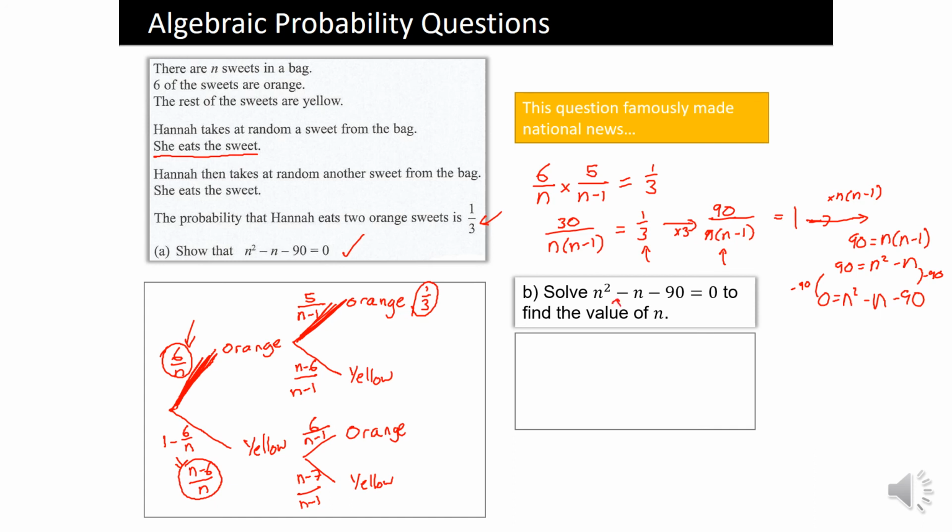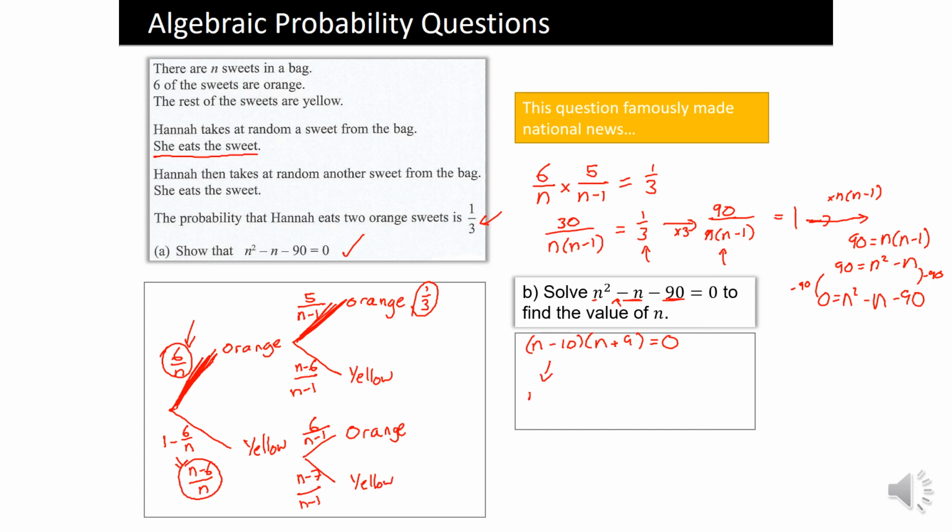Part 2 of the question, we've got n squared minus n minus 90 equals 0. It wants us to find the value of n. So we just need to factorise this quadratic. We've got numbers that times together to make minus 90, add together to make minus 1. So we end up with n minus 10, n plus 9 equals 0.